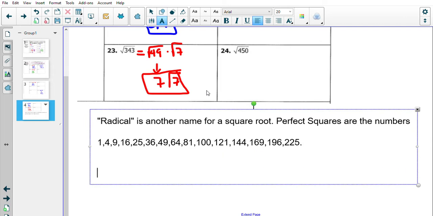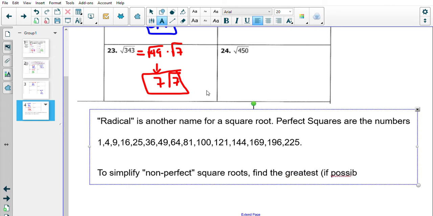Okay. To simplify non-perfect square roots, find the greatest, if possible, right?